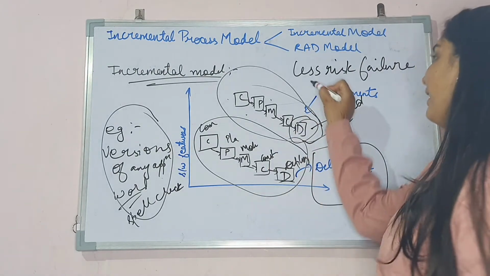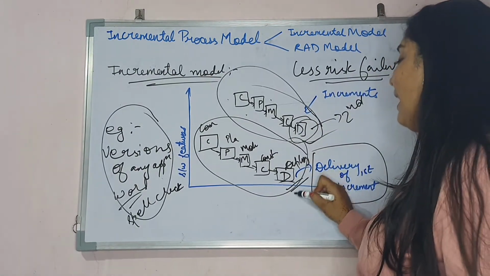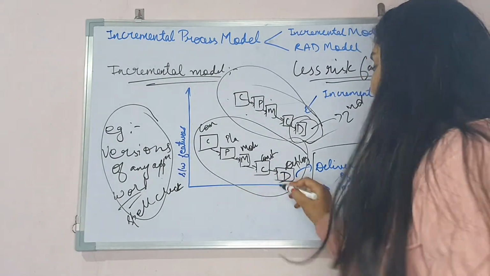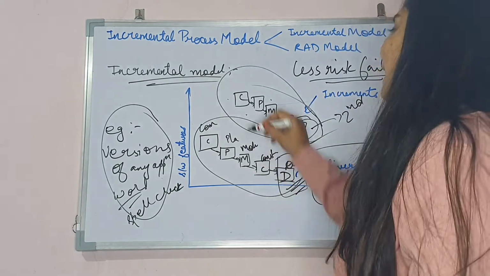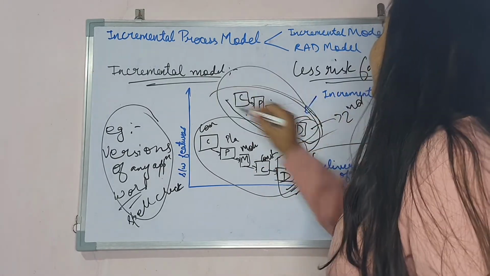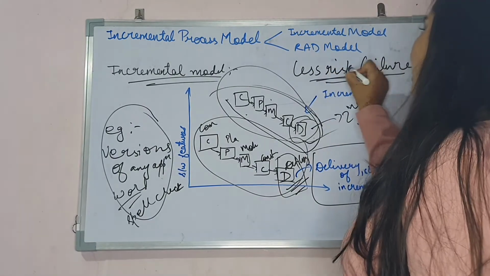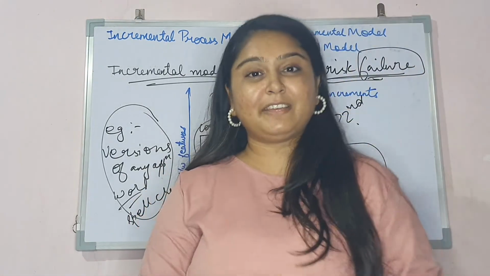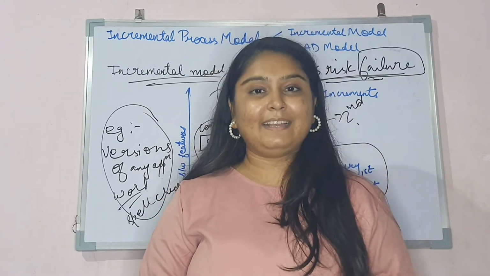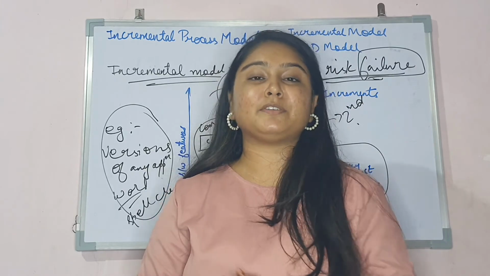If something happens and some functionality is not delivered in the first increment, we can always ask for and get that delivered in the second increment. So less risk of failure is the biggest advantage of our incremental process model, and this is the reason why after the waterfall model, the incremental process model was discovered.